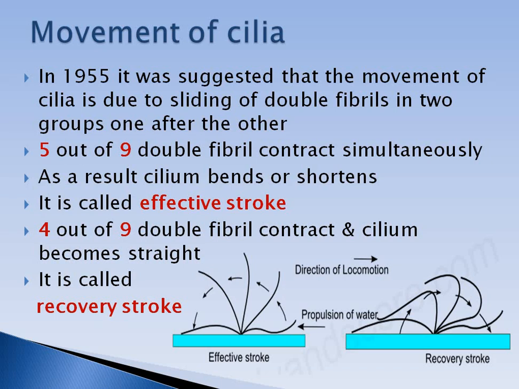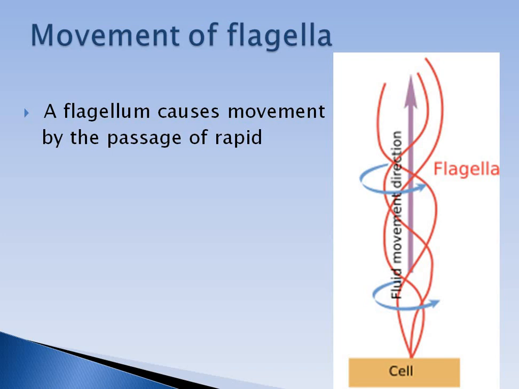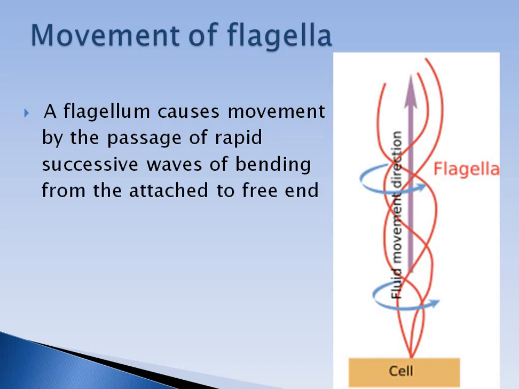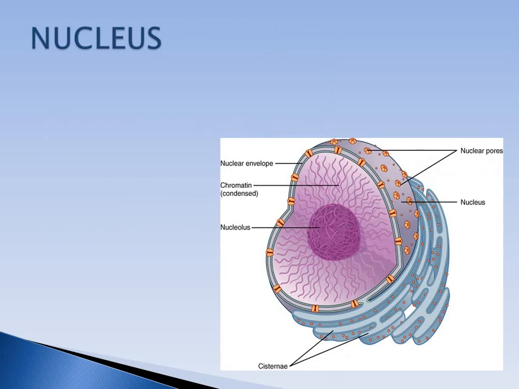The first one is called the effective stroke and the second one is the recovery stroke. And the flagellum, as I told you before, its movement is called undulating movement. It starts from the base of the flagellum up to the tip, and this helps to propel the cell or organism in a forward direction.